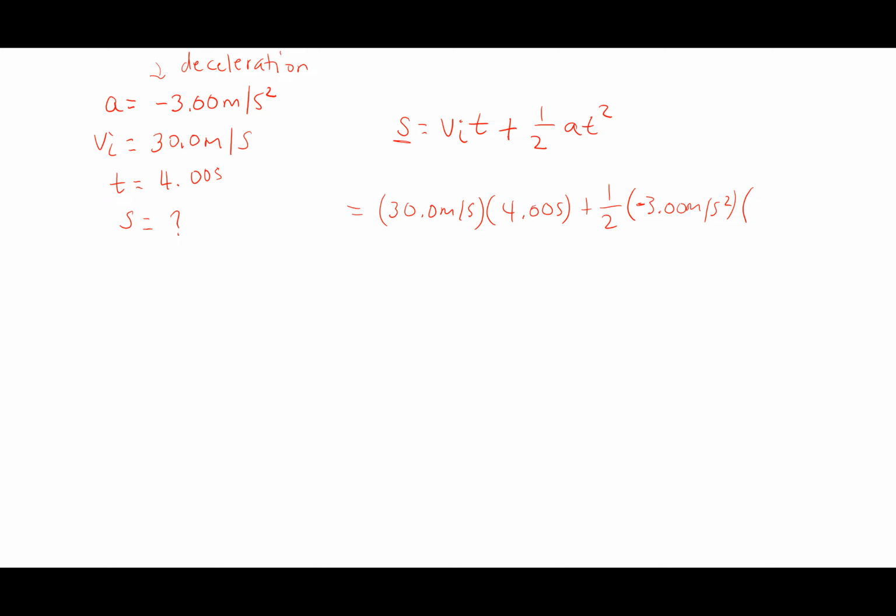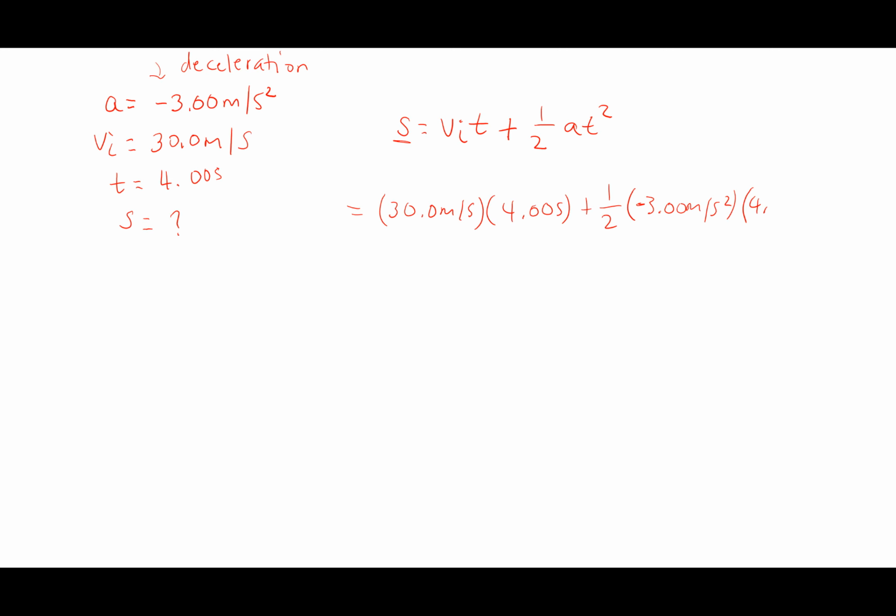Now time is squared, so 4.00 seconds squared. Okay, now when you square that, you have to square seconds also. So then when you multiply that, you get 120 meters minus 24 meters, and that's going to equal 96 meters for our displacement. So it's going to be 96 meters.